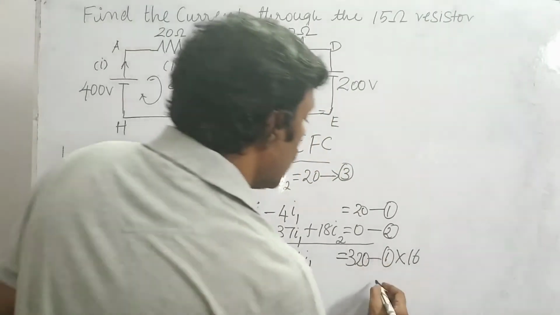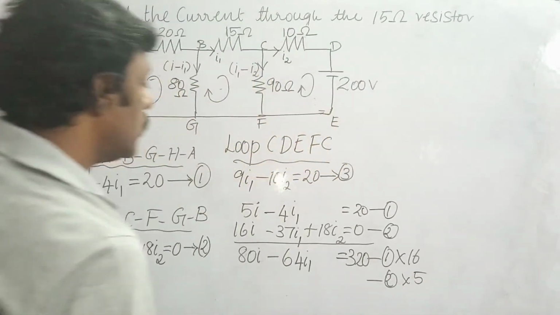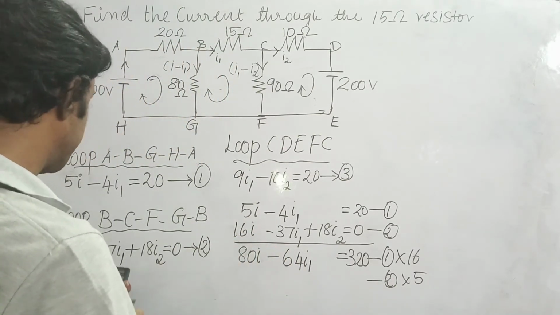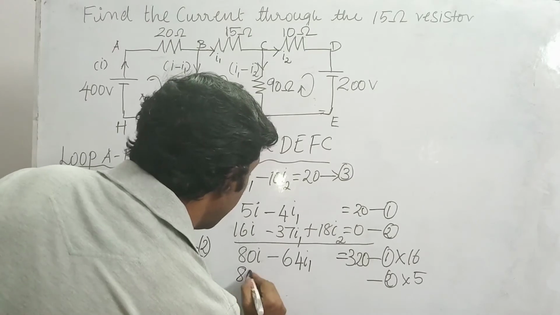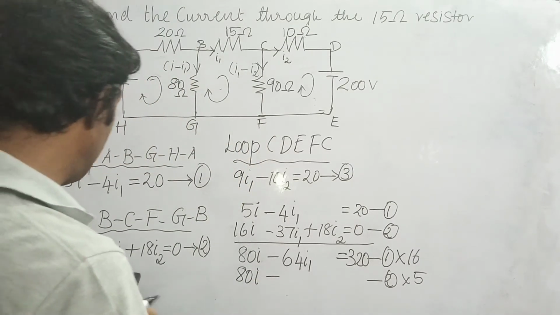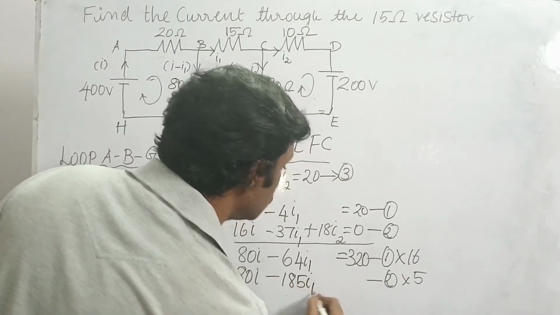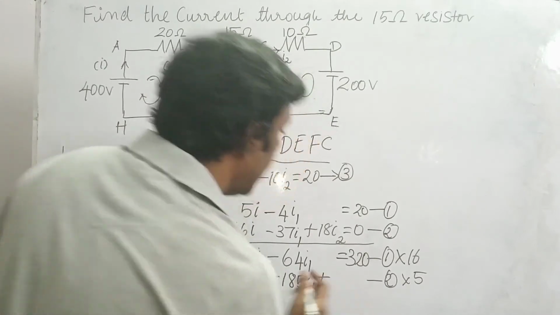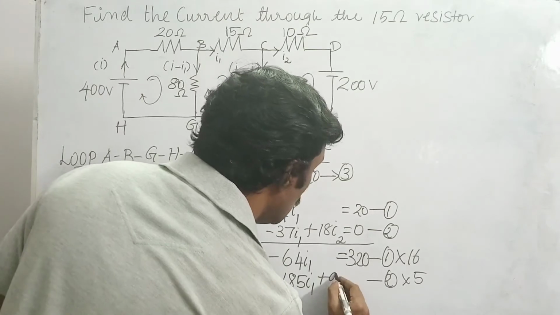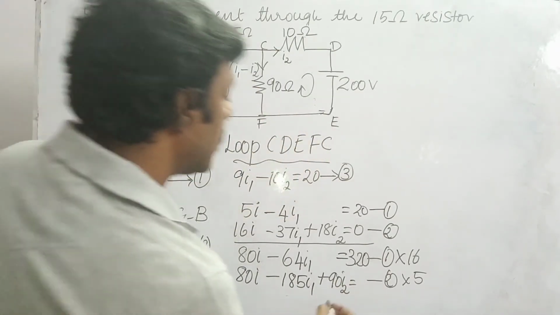Now I am going to multiply equation 2 by 5. 16 into 5 will be 80, so it will be 80I minus 37 into 5, which is 185I1, plus 18 into 5, which is 90I2, equal to 0.